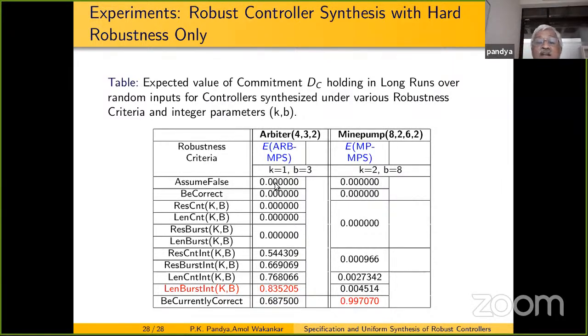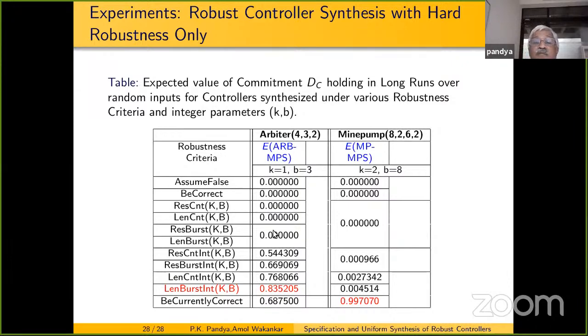And you can see that as you go to weaker and weaker relaxations of assumptions, you are getting more. We synthesize the controller, and then we randomly give the inputs and measure the relative frequency of the commitment holding in long runs. So the expected value of commitment holding in long runs over randomly chosen, IID inputs, right?